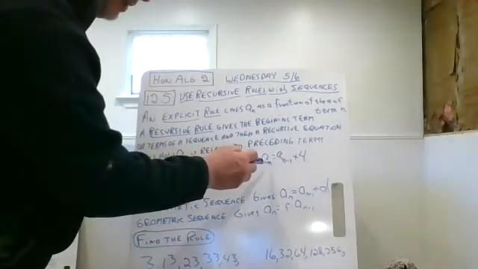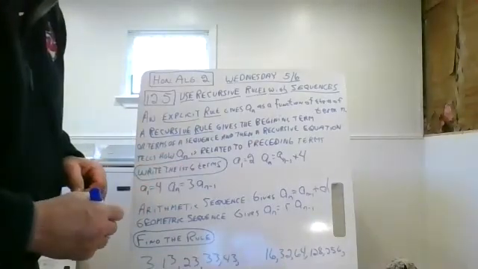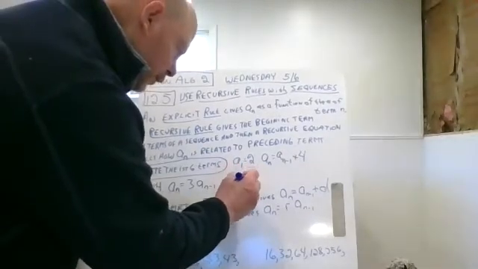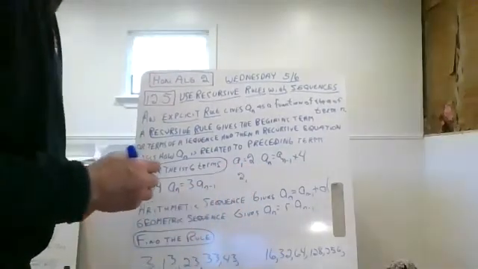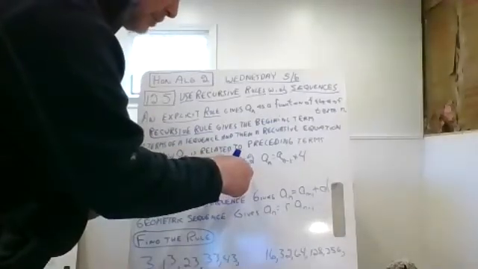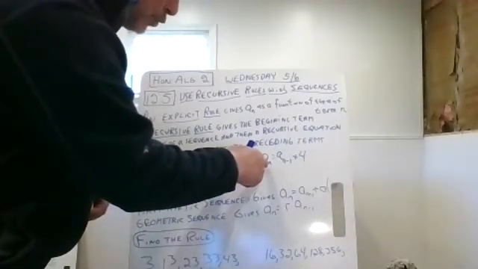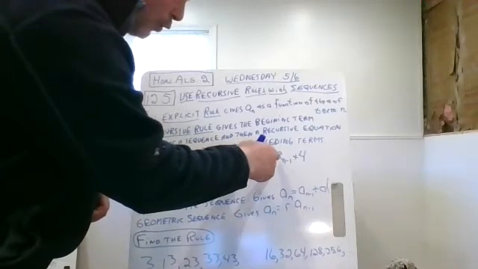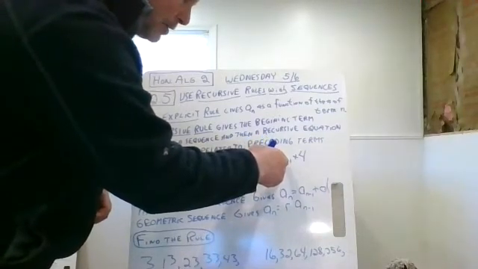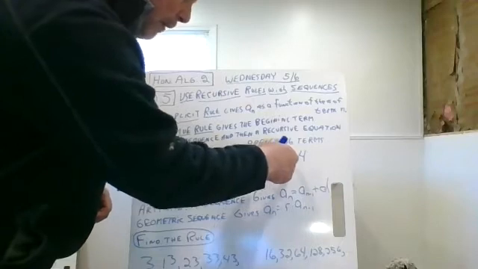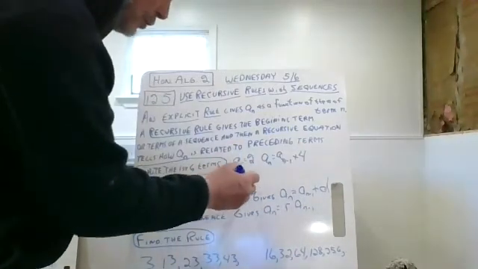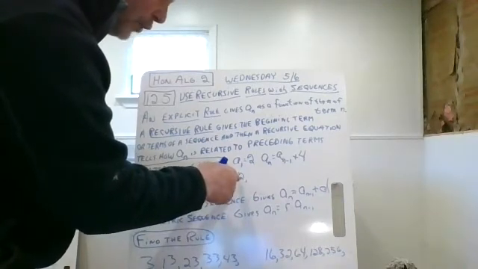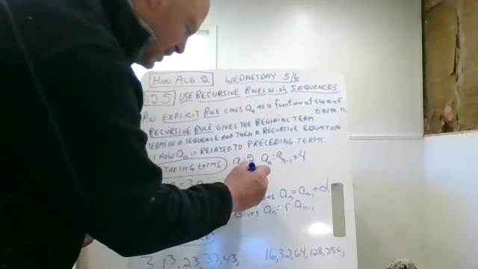So the first term is 2. So we start with 2. And then the next term would be a sub 2, you're letting n equal 2. And so a sub 2 is going to equal a sub 2 minus 1, which is a sub 1, plus 4. So it's 2 plus 4, 6.